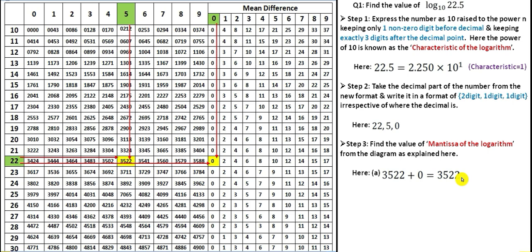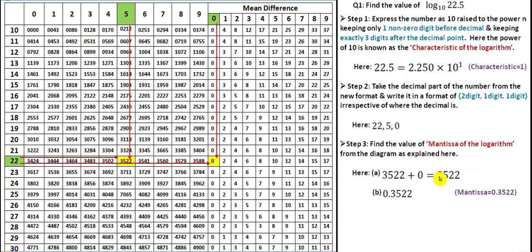Now the next step is this: whatever number you got, just put a decimal in front of all that, not before 1 digit, not after 2 digits. Don't look at anything else about where the decimal was. You will get a 4 digit number, just write it and put a decimal here.